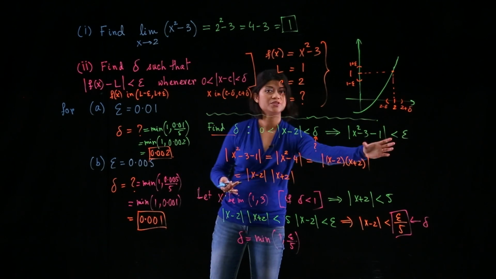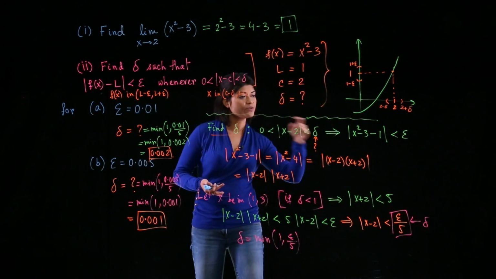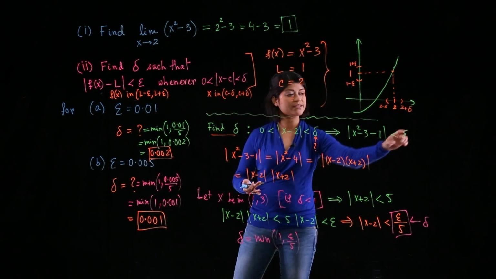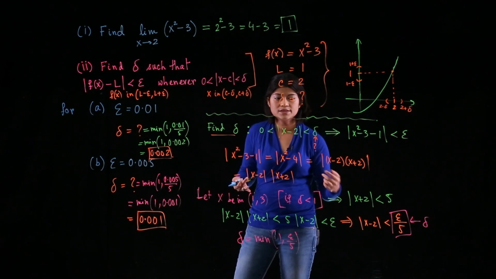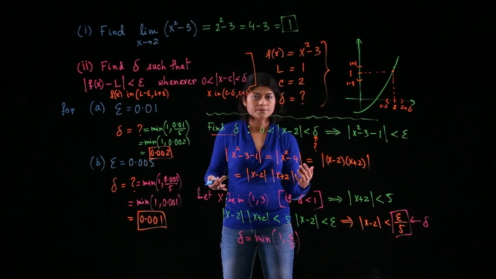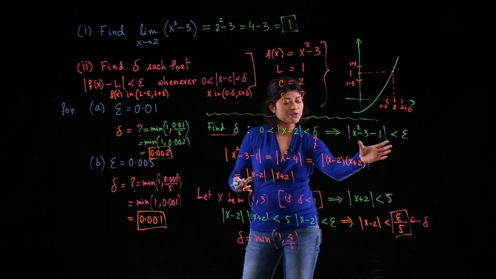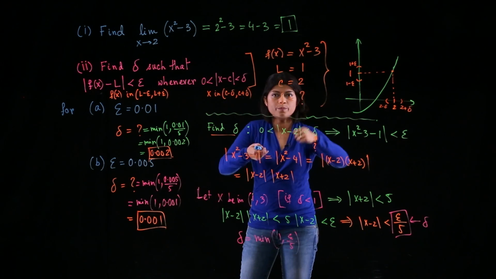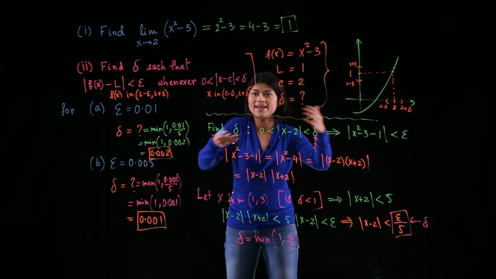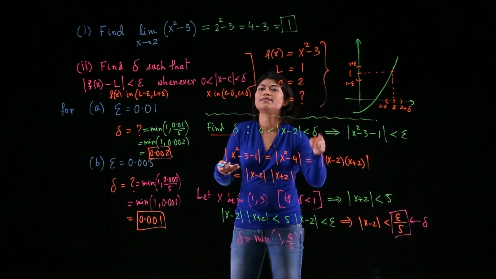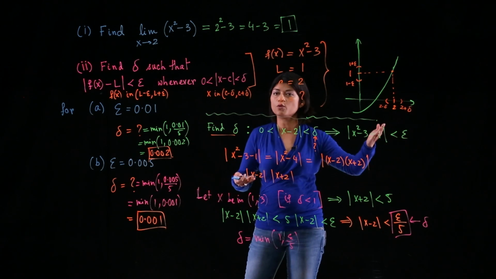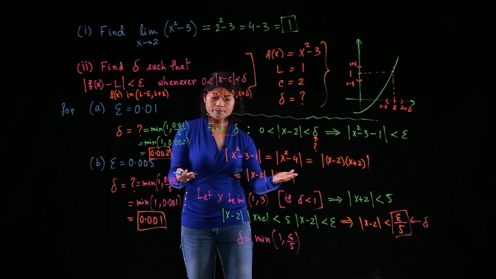When this is happening, you have to show this is happening. But the reason we start on the right hand side is because epsilon is always given to us. Delta is what we have to find. So the idea is you start with what is given and work backward to have a guess or an idea what delta could be, and then you look forward. That's what we did here.